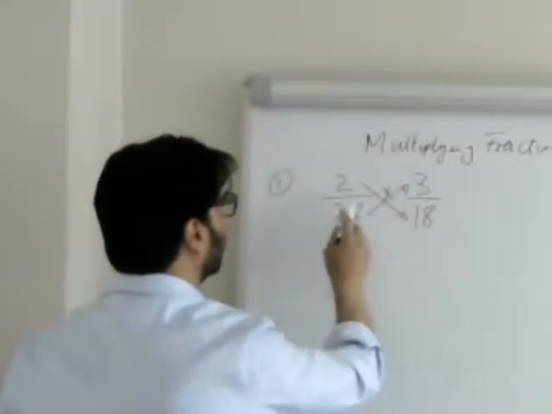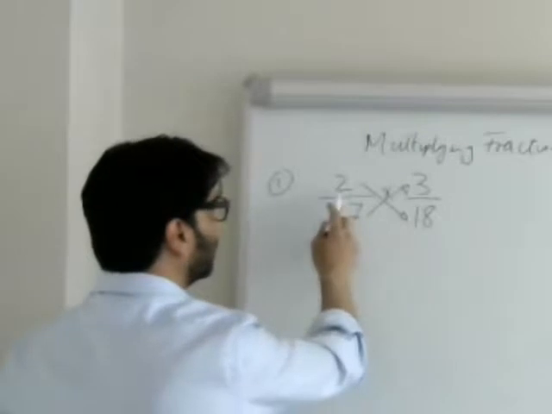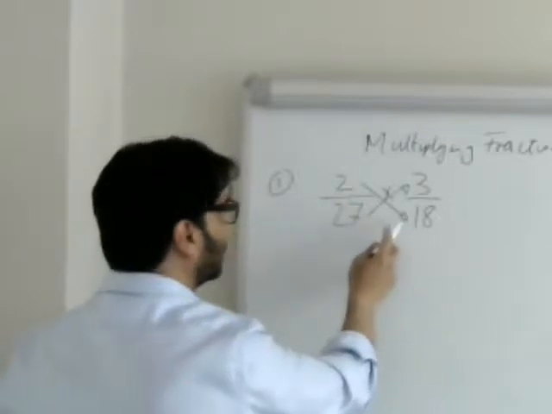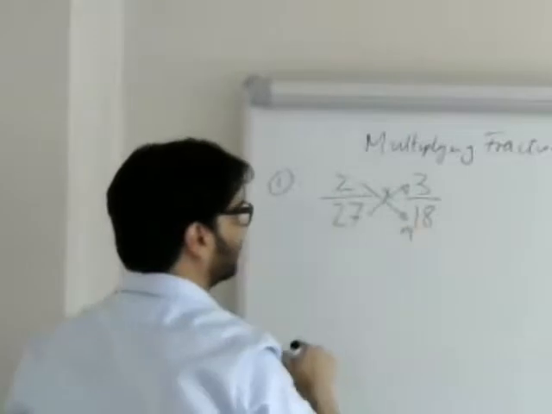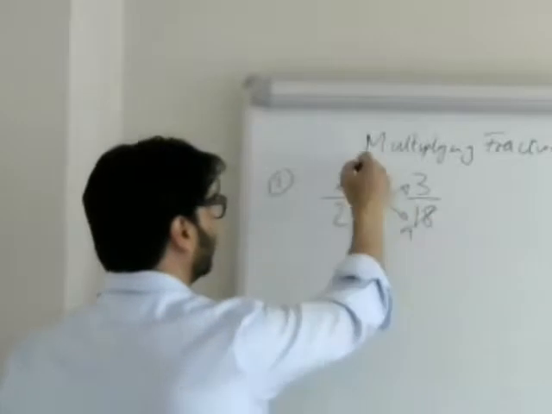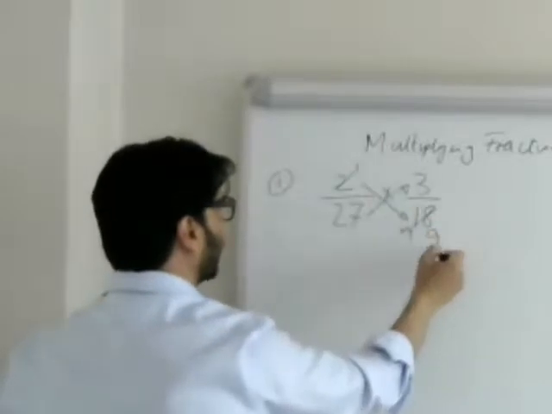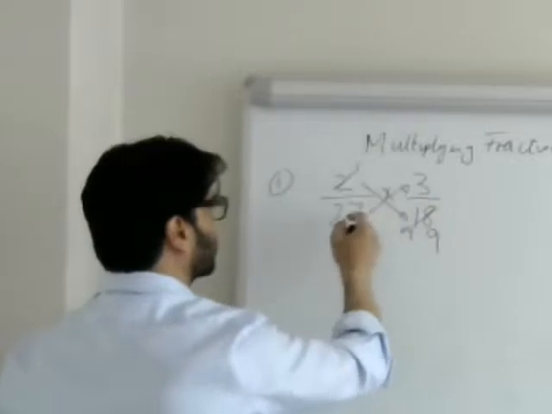So we can see what factors go into 18. So we know that 2 times 9 makes 18. Yeah? So what you can do, you can cancel these two. So you have a 1 here, we have a 9 here. And in this case, we can see what factors go into 27.